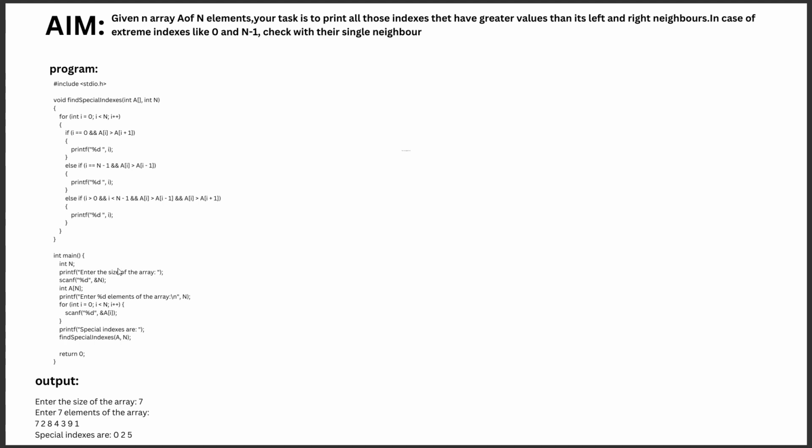Else if, now coming to the last number, since the indexing starts with 0, the last index number will be n minus 1. Else if i equals n minus 1, I have to check with its left value. Here the last index number is 6, which I have to check with index number 5.